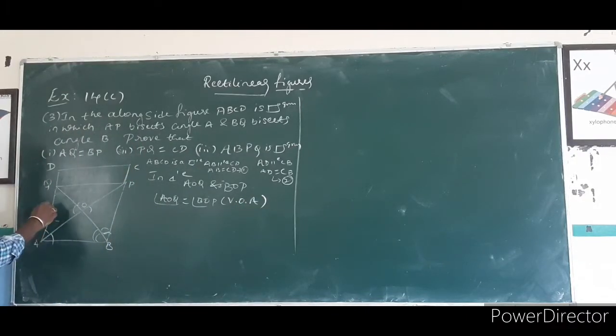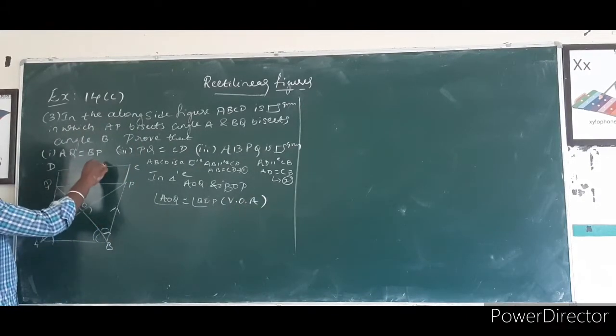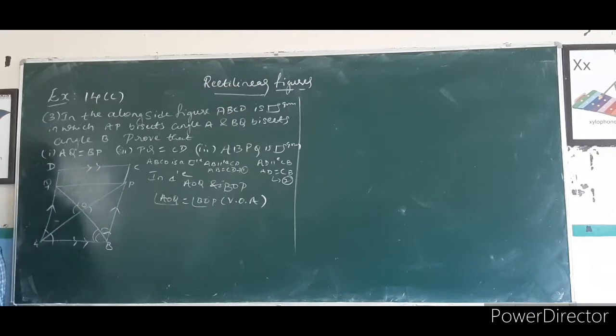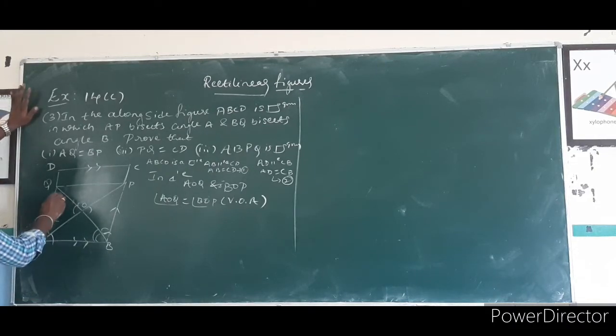So these two sides are parallel. These two sides are parallel. And if they are parallel, what about these two angles, the alternate angles?